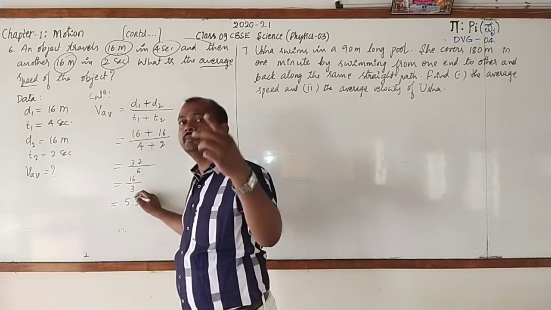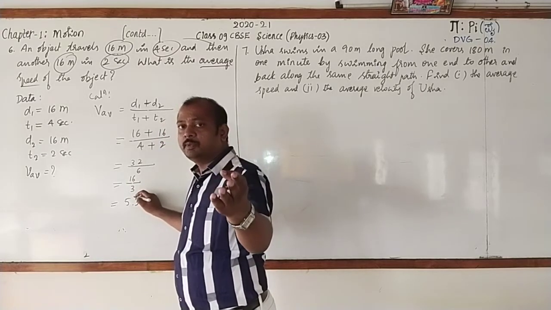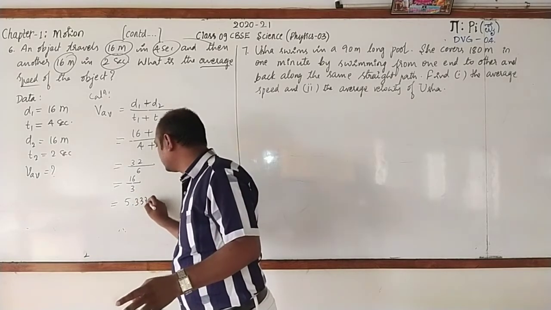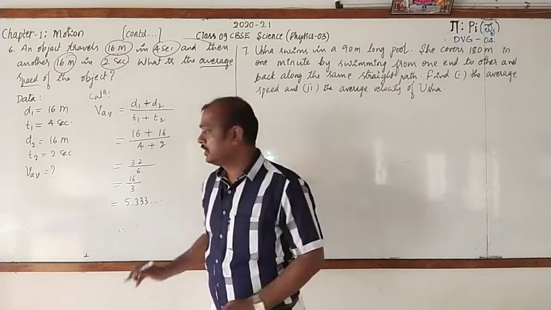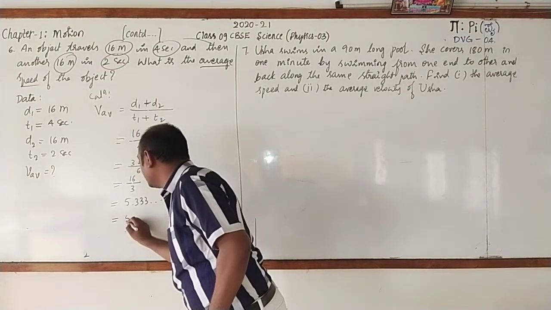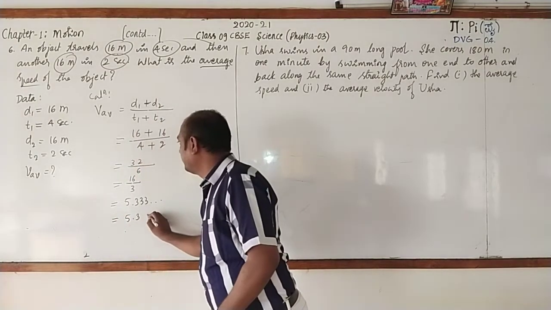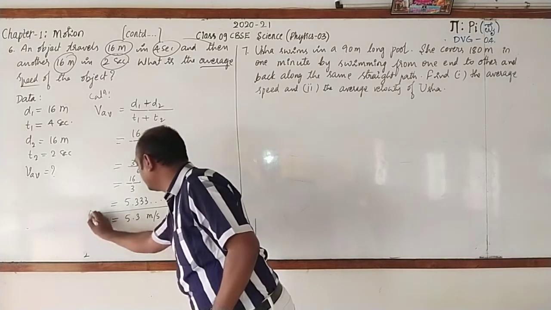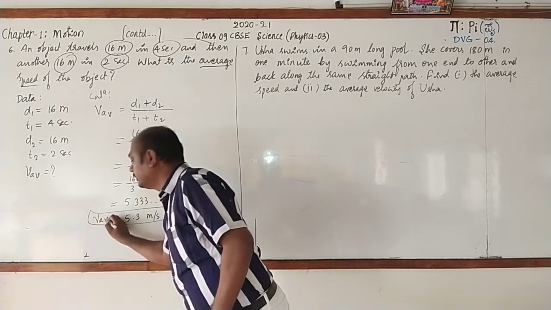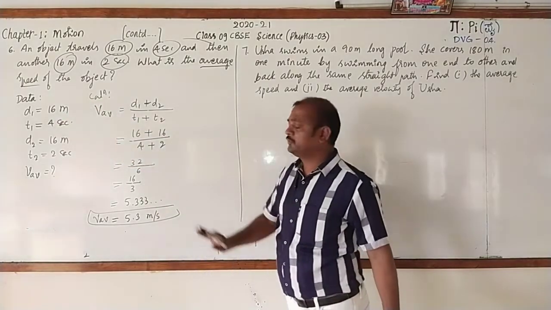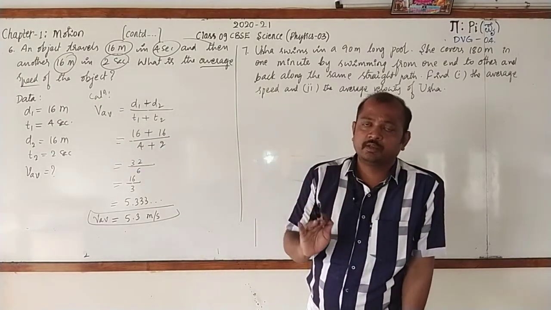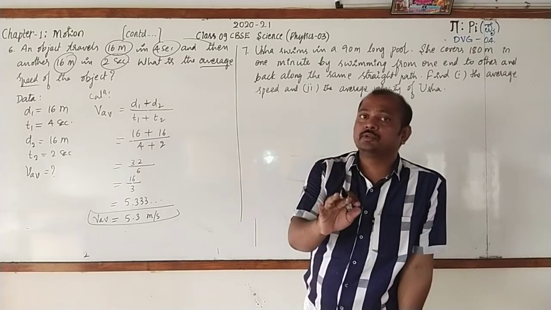Again 1 will remain, it becomes 10, and so on. You will get a recurring decimal. Approximately it can be written as 5.3 meter per second. V_av. So the average speed of the object is 5.3 meter per second. I hope that you have understood.